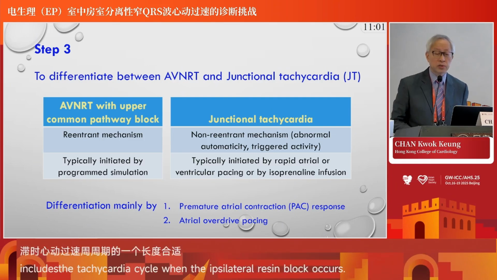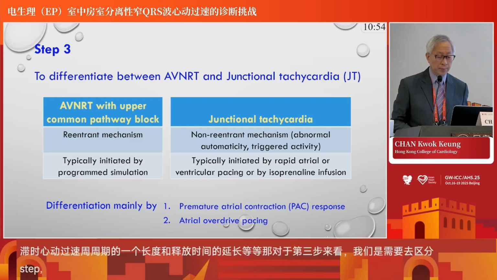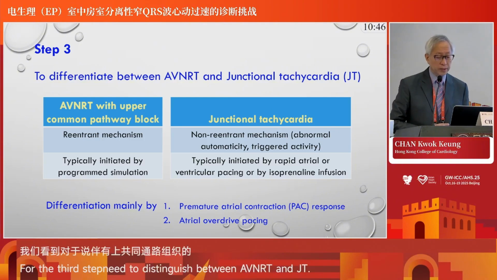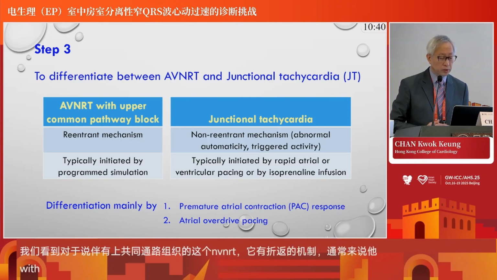But junctional tachycardia is a non-reentry mechanism. It can have abnormal automaticity or triggered activity, and is typically initiated by rapid atrial or ventricular pacing or by isoprenaline infusion.